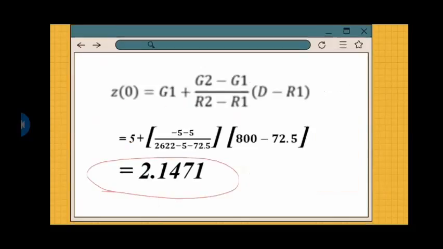So this is the formula for linear extrapolation. Let's substitute all the information that we have.